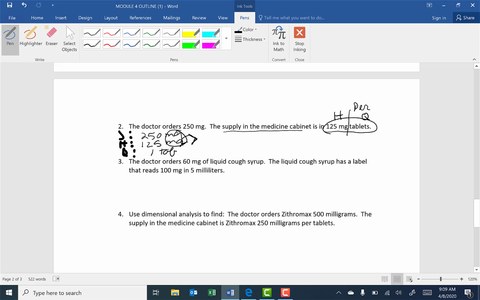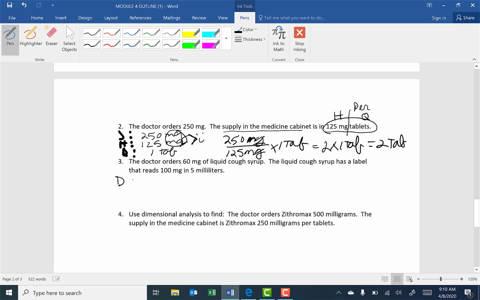Yes, they're both milligrams. Hooray, we can do a nice easy problem. 250 milligrams divided by 125 milligrams times 1 tab. Your milligrams cancel and you end up with 2 times 1 tab, which equals 2 tab. Yeah, you get a lot of 2 tabs in these answers. You didn't do anything wrong.